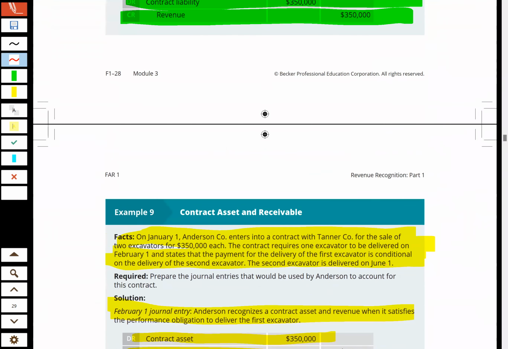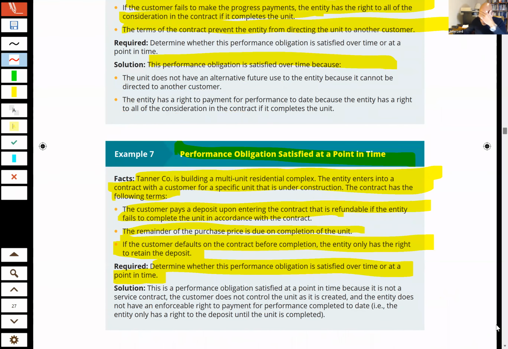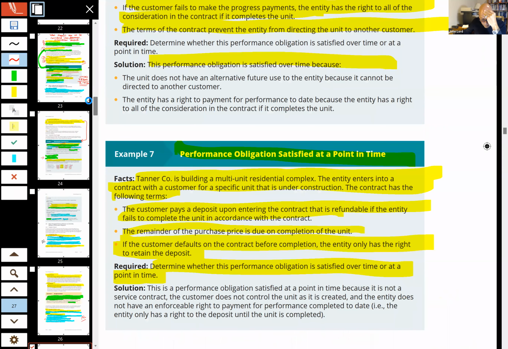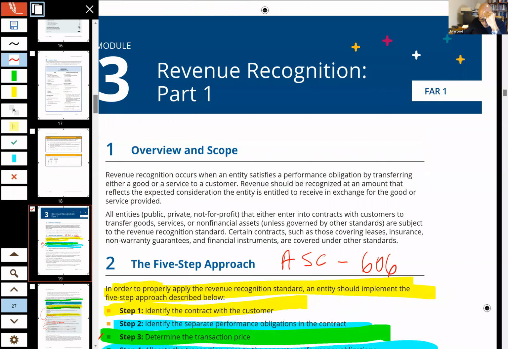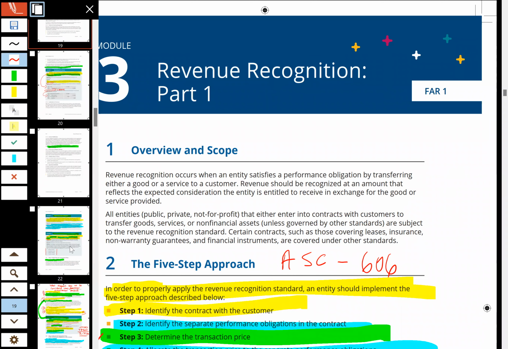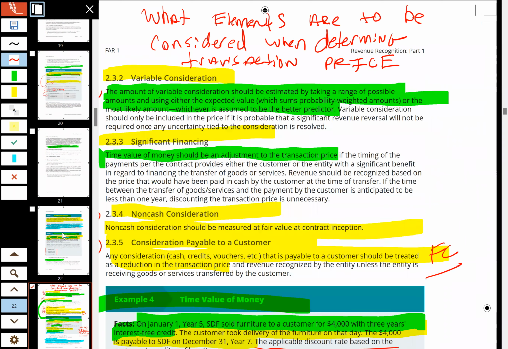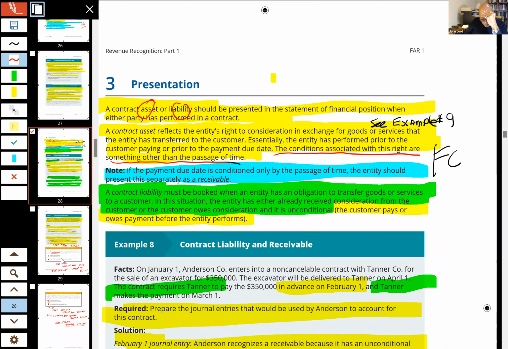Because you said there was a flashcard there, and I didn't get that one. I think it's after example 5. Now I'm in example 9.